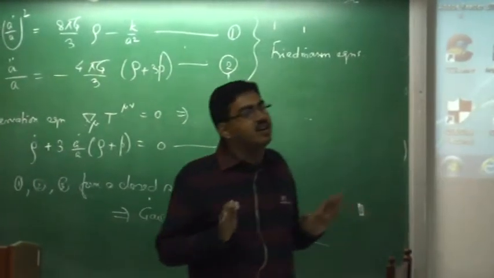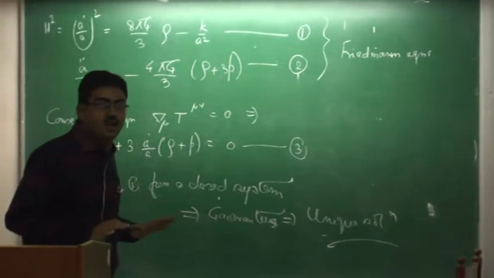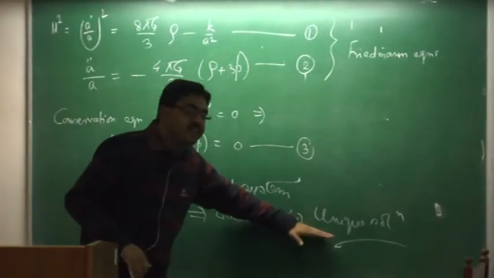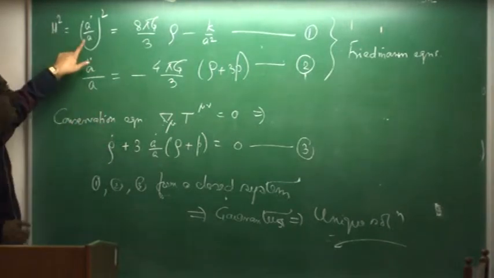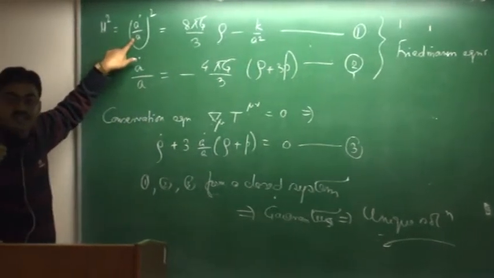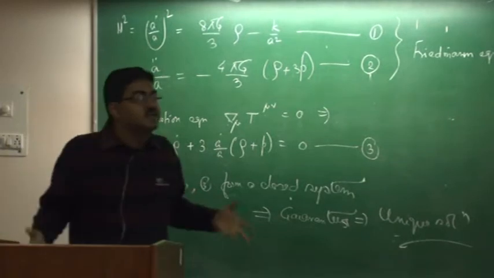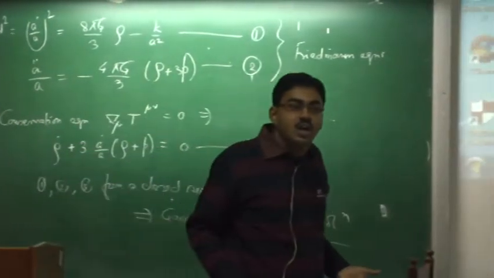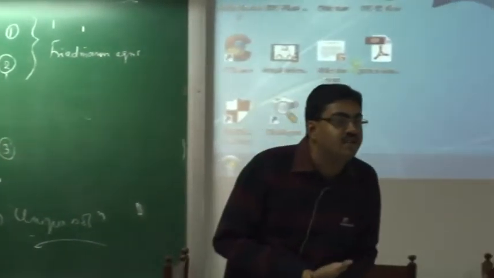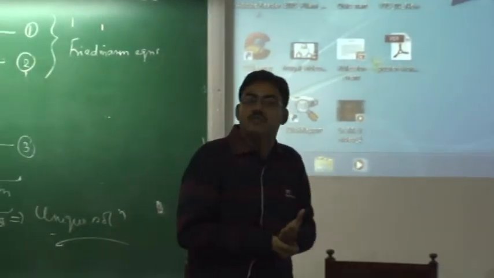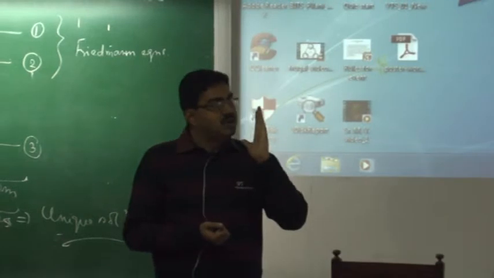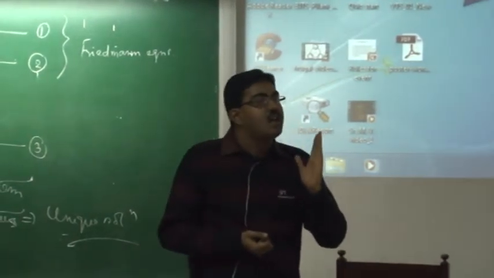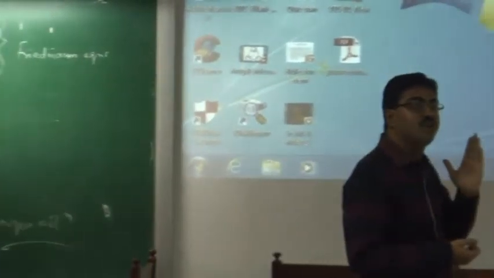But it has got a profound application in physics. Since by solving these equations you are basically trying to get a solution for a(t), which gives you information about the expansion of the universe, a set of equations which gives rise to a unique solution guarantees that you have a unique evolution of the universe.